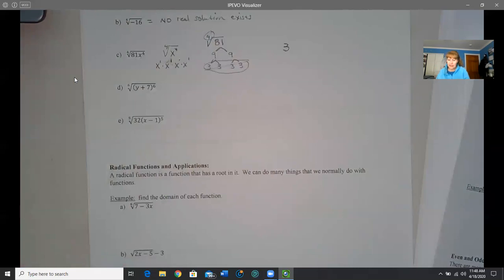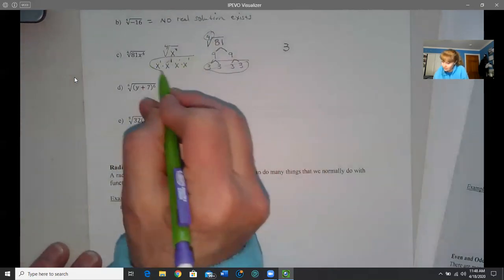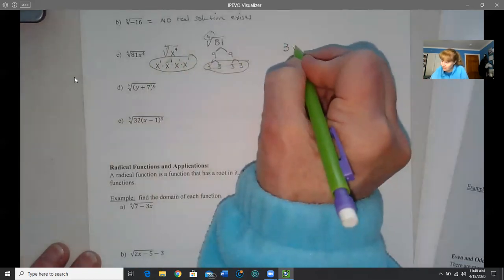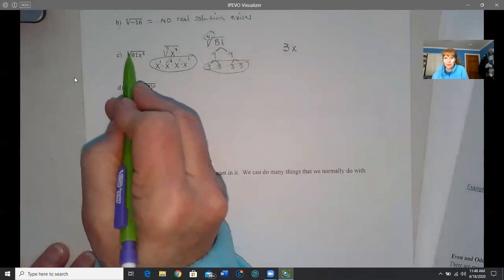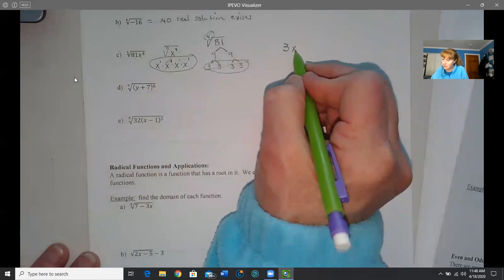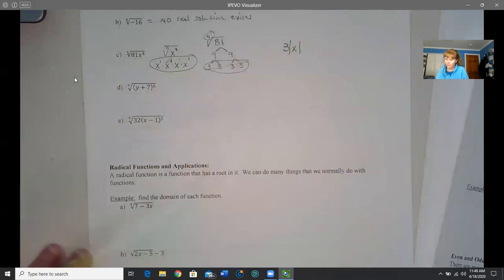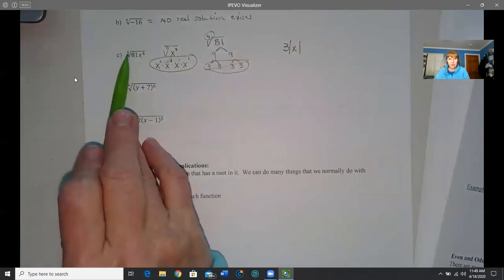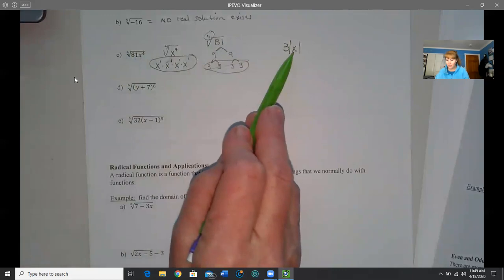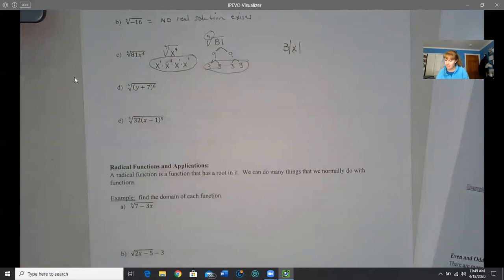So it reduces down to just an x. Just like I had 4 3s, I have 4 x to the 1st. This is even. This right here could be an odd number. So I need absolute values. Okay. So when you have an even index and you reduce it down and you come up with an odd exponent out here, you have to use absolute values because it has to be positive.